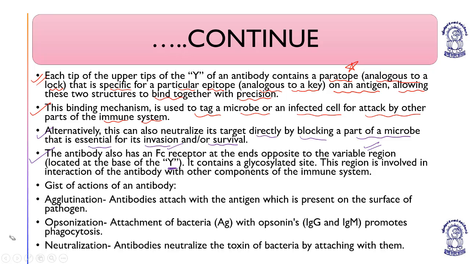It contains a glycosylated site. This region is involved in the interaction of the antibody with other components of the immune system. So the Fc region contains a glycosylated site which helps the antibody interact with other components of the immune system. What are the actions of antibody?